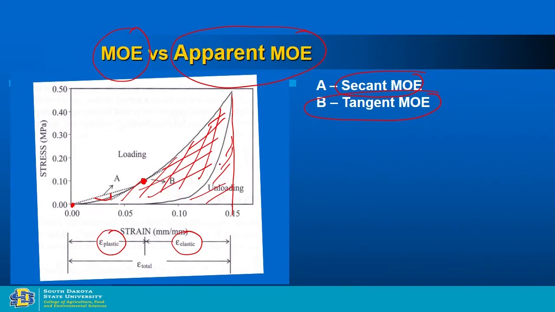So the area under this curve is percent plasticity, and the area under this curve is percent elasticity. When you look at this graph, what do you think it is? It's more plastic than elastic when you look at the area under the curve. But when you look at the elastic strain values, they are 50-50. So which one is right? Both are right.